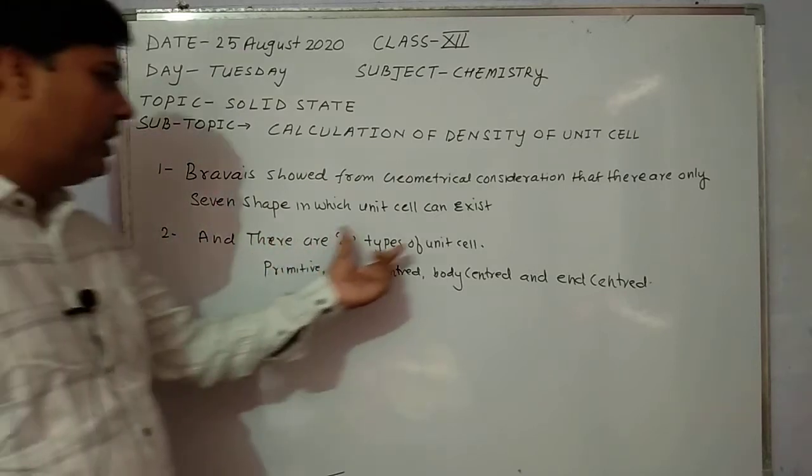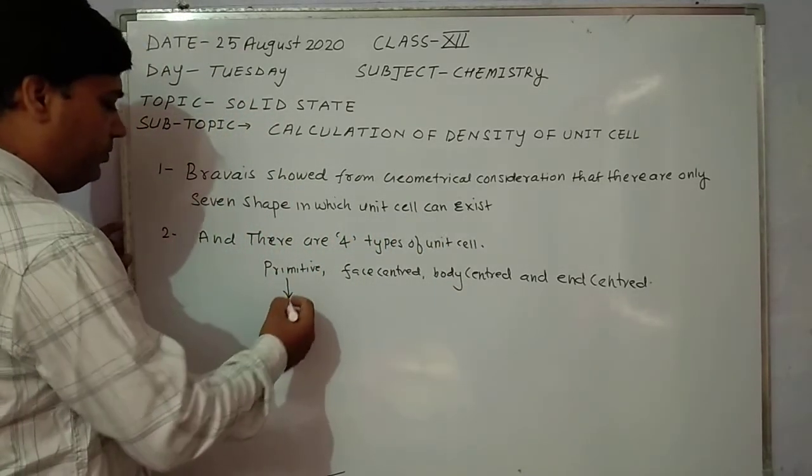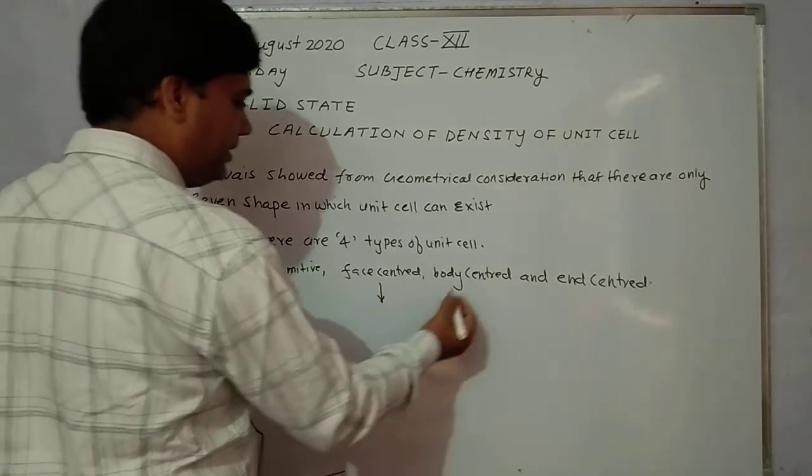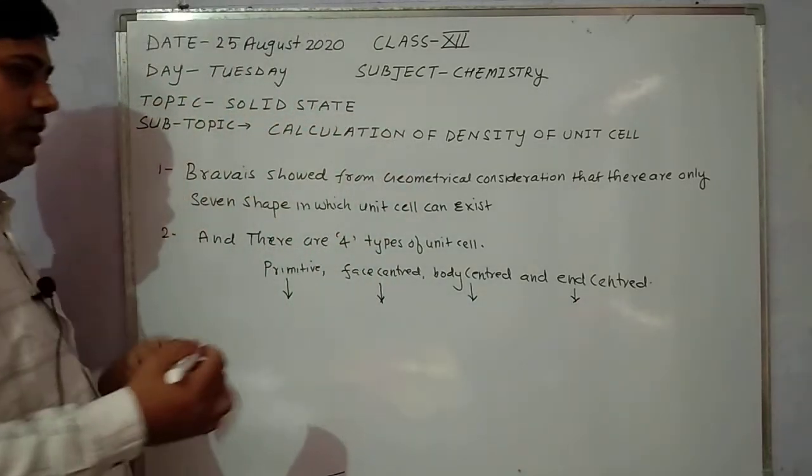And there are 4 types of unit cell which I have already discussed: primitive unit cell, face-centered unit cell, body-centered unit cell and end-centered unit cell.